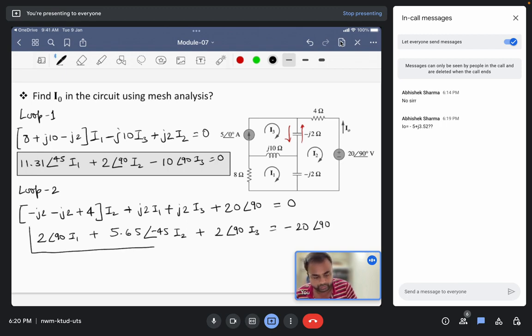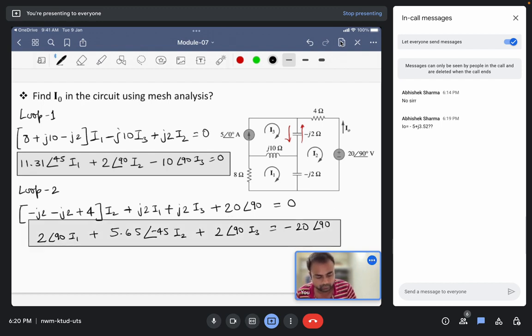So this is our equation for the second loop.